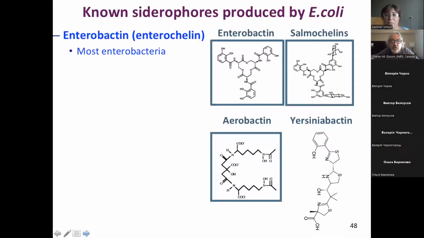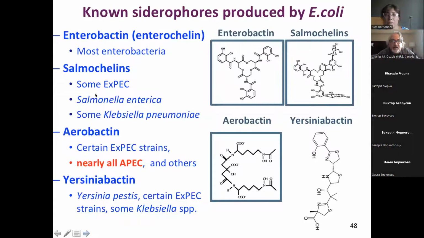Most enterobacteria have enterobactin, as I mentioned, and then this is a breakdown of what we see with the presence in some APEC or ExPEC. It's on virulence plasmids in many cases, the colicin V type virulence plasmids, which are present in nearly all APEC. Just to give you that overview.